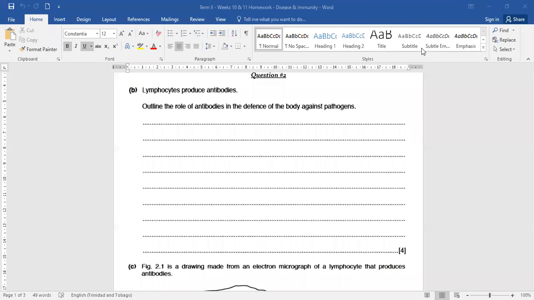Then it would either alert your phagocytes to destroy it via phagocytosis, or it would trigger a series of chemical reactions which would destroy the pathogen.